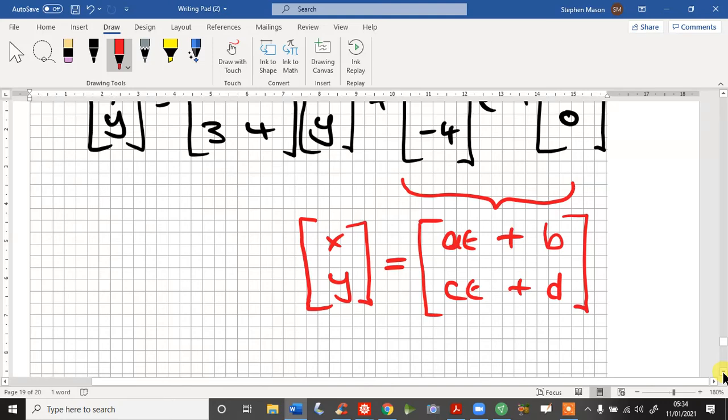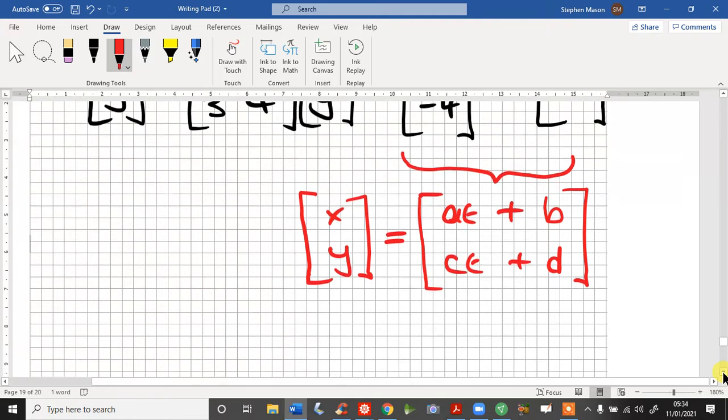So you choose a particular function of a e to the t, or you try that, and if that didn't work, you try a t e to the t. I can't remember the name of them. I think they're non-homogeneous equations or something like that. But you get the drift. So that's the sort of thing we're doing here.